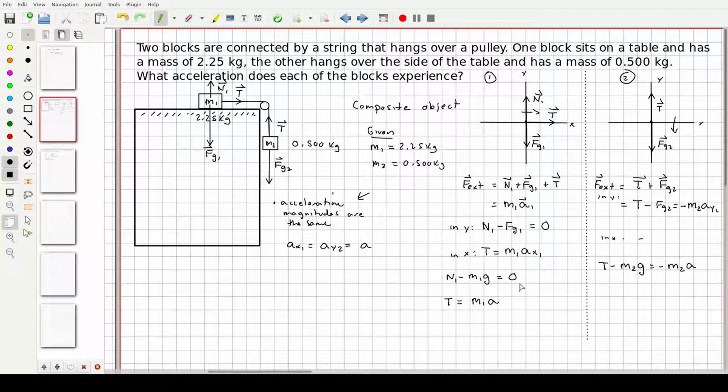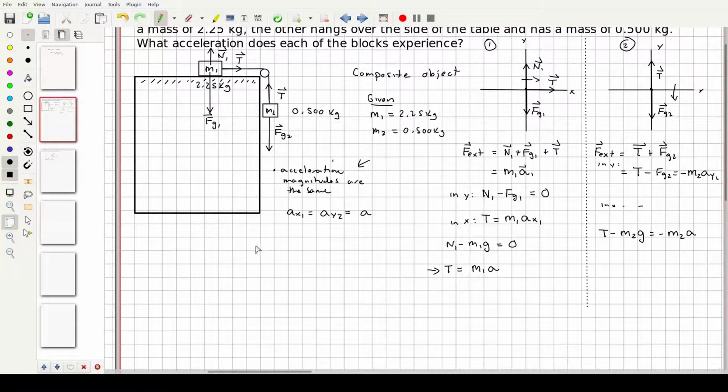Now, you can see the tension is what's conveying this force. So I'm going to take and plug this right here into this right here. And when I do that, and I want to continue writing it right over here under this, you get M1A minus M2G is equal to minus M2 times A. I'm going to move this to the left-hand side and this to the right-hand side.